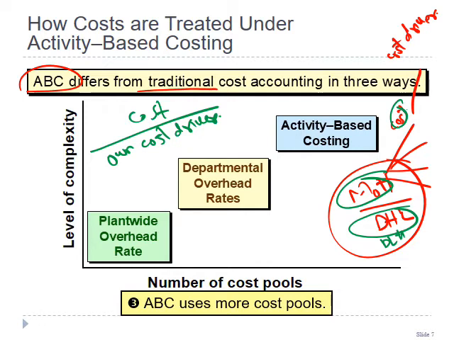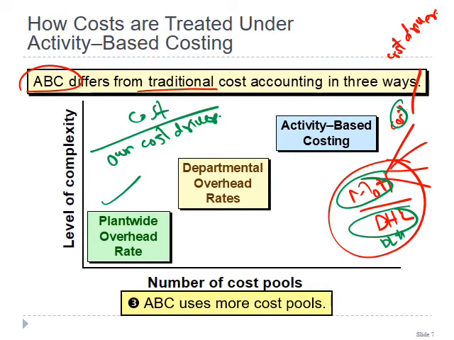That's why the ABC cost pools will definitely exceed one, and are likely to exceed the number of departments within a company as well, since more than one activity is often performed within each department.